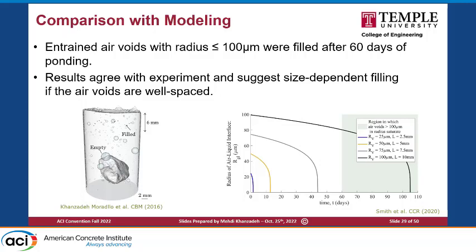This is independent work done with the Georgia Tech folks, the modeling, and that's the experiment at the left side I just explained. So we are confirming each other. You can see the internal air voids with a size less than 100 micron get filled within 60 days at that first 6 millimeter from the sample surface. So really useful data to confirm your modeling work and provide more valuable modeling techniques for freeze-thaw performance.